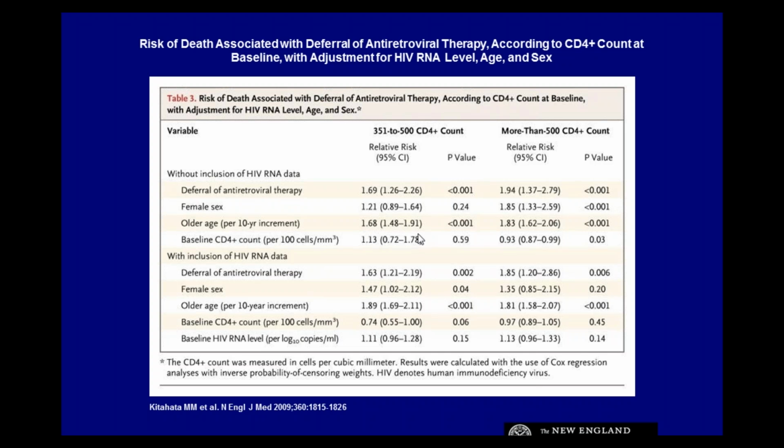With older age, you're more likely to die as well, as if you were started at an older age. And your baseline CD4 count also had an effect. But here, deferral of antiretroviral therapy, when you include the RNA data and determine whether their RNA was detectable or not, again, every way you look at it, it argues that it's important to start people early.